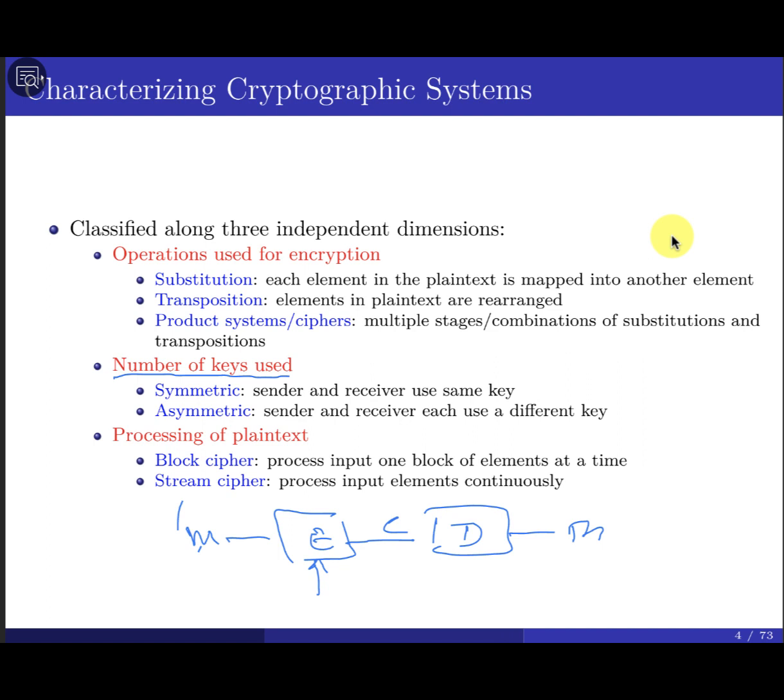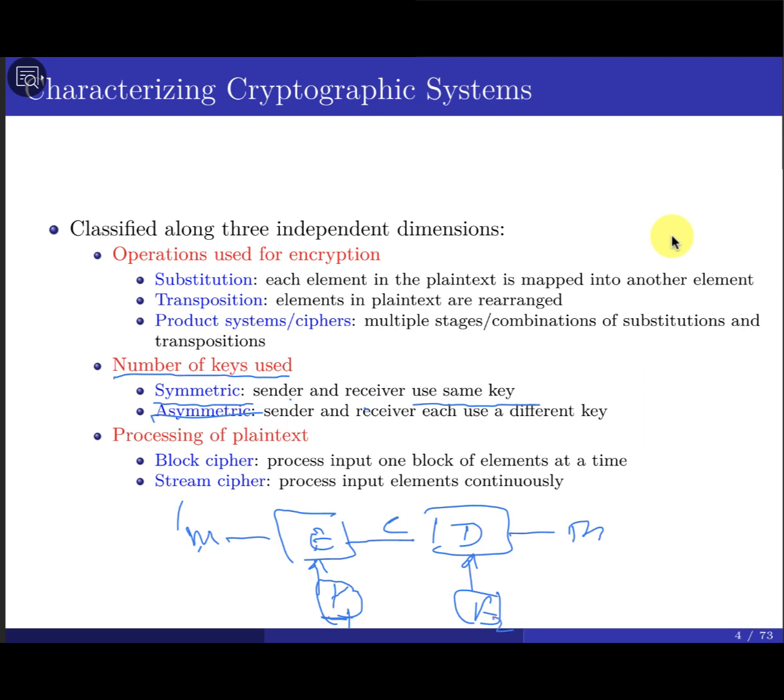Either I'm going to use the same key, one key. Whatever key I use to perform this cipher stage, I'm going to use the exact same key to decrypt. That's what you call symmetric, or private, one key. That means the sender and the receiver use the same key. Asymmetric, or public, is different. In this case, you are going to use different keys, maybe key 1 and key 2.